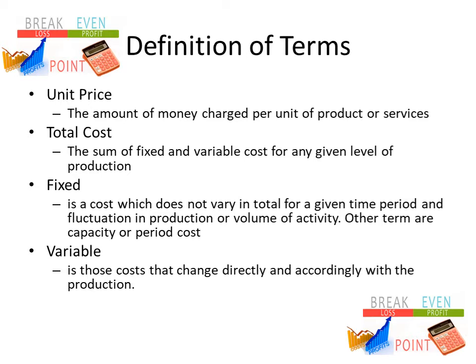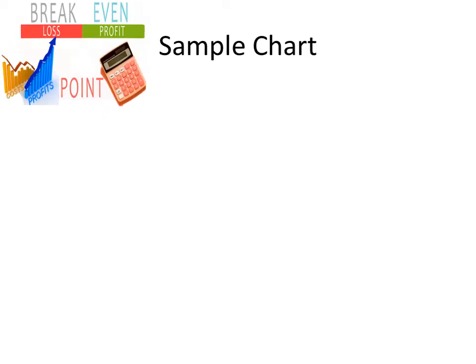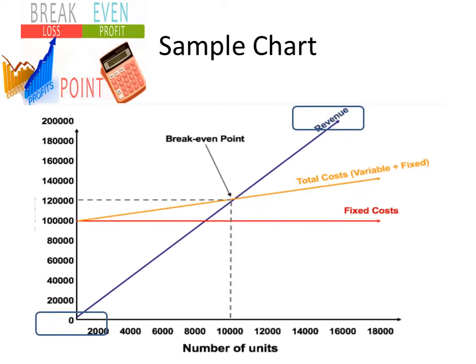When it's 10, we still incur 100. When we produce 100, we still incur 100 as long as it is within the capacity. Break-even now is when the total cost of the product and the revenue meet. When they meet together, that's the time we know that this is the break-even point per the chart.